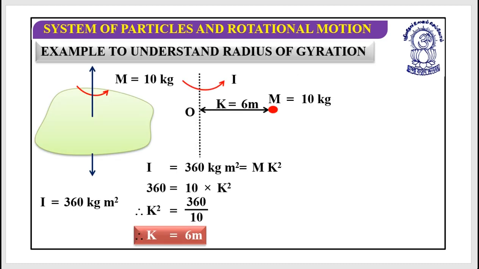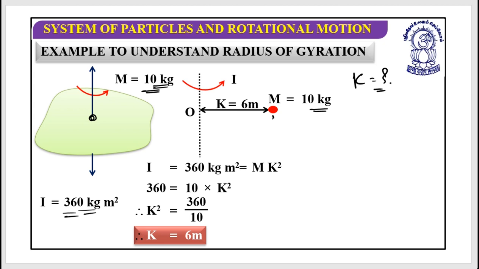Let's suppose a certain object has a mass of 10 kg, and its moment of inertia I is given as 360 kg meter square. I need to find the value of k, the radius of gyration. So this could be the center of mass, and it has a mass of 10 kg. According to the data given, it is at 6 meter from the axis of rotation.